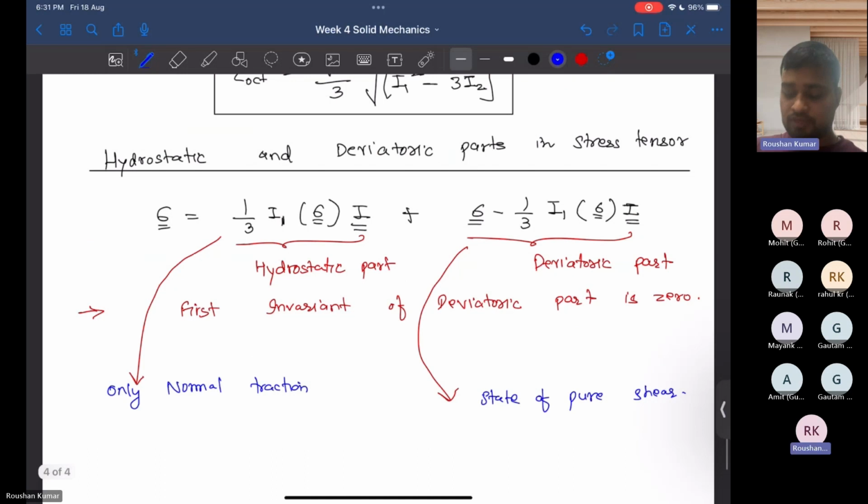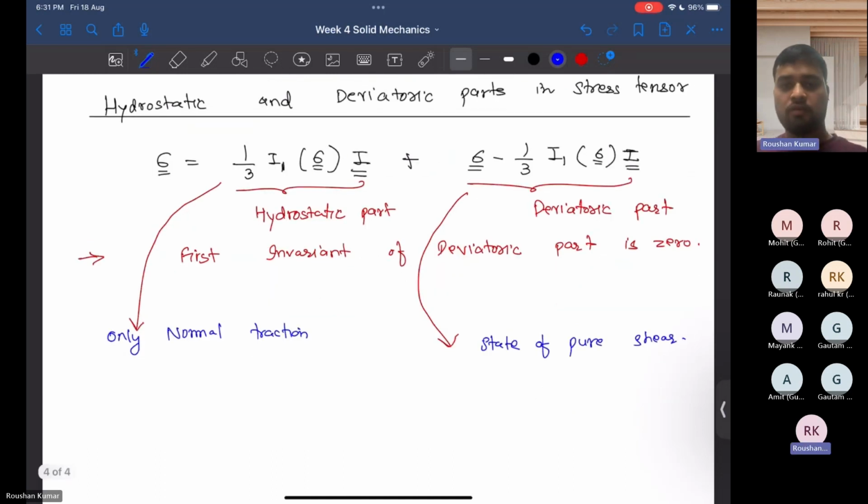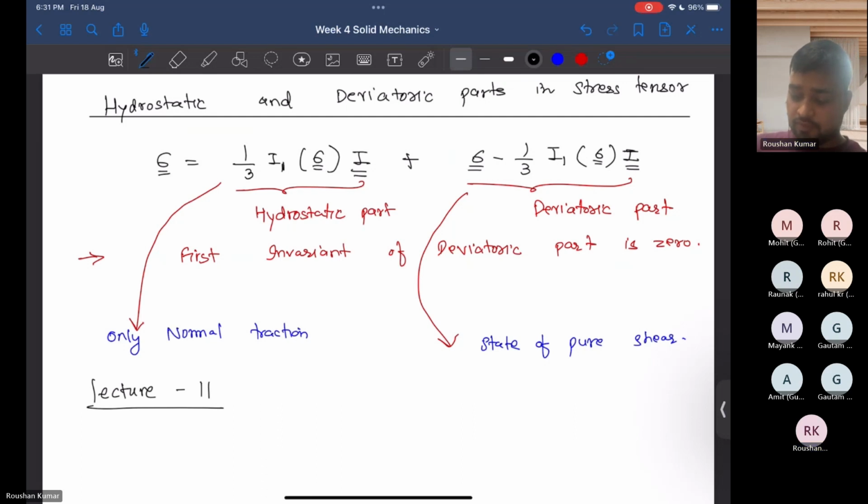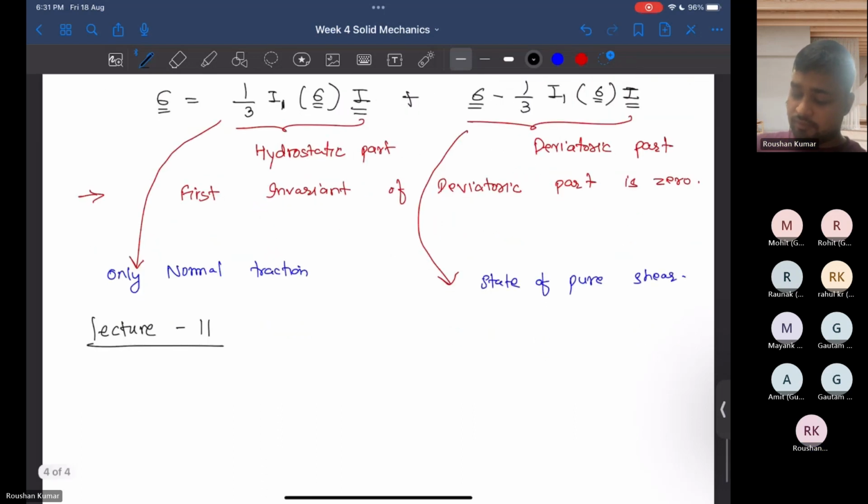So this is all about lecture number 10. These topics are already covered in lecture number 10, and the next lecture covered under week 4 is lecture number 11, which is on more concepts of strain.